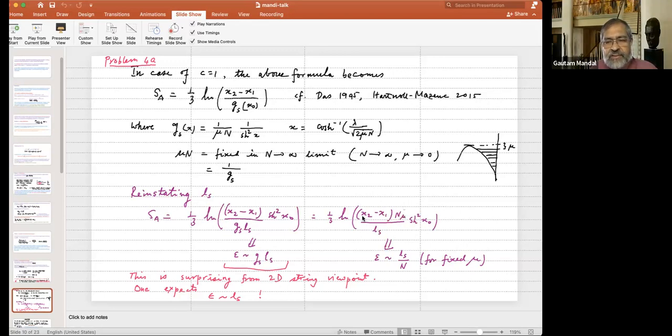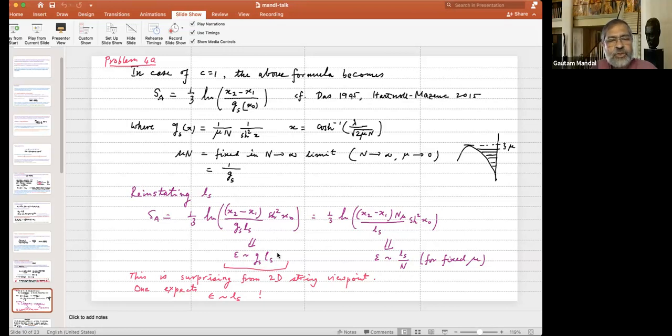Look at it here. So it's x2 minus x1 divided by Ls by N. The other way of writing it, where one uses the double scaling, is x2 minus x1 divided by GsLs. So that point of view says that epsilon is actually given by GsLs and not Ls.